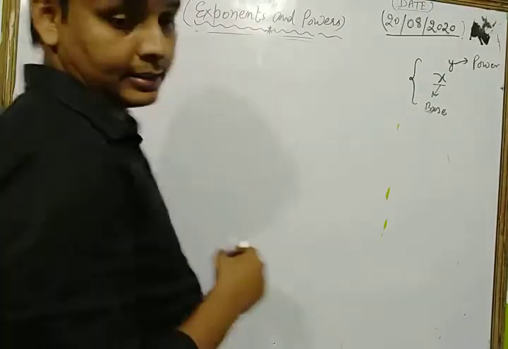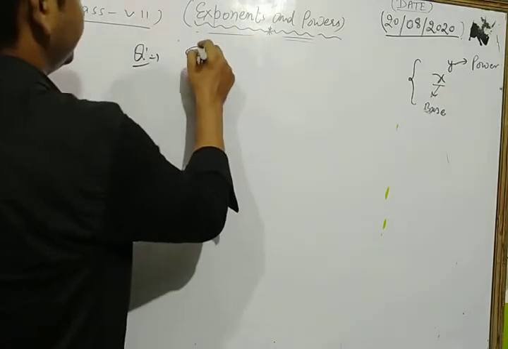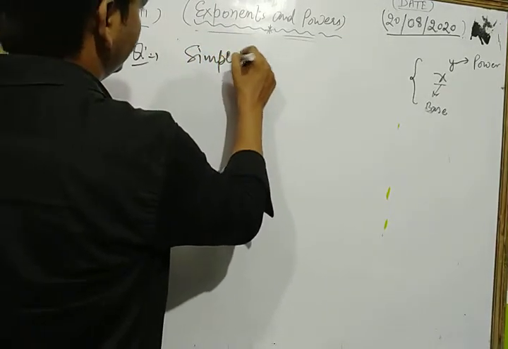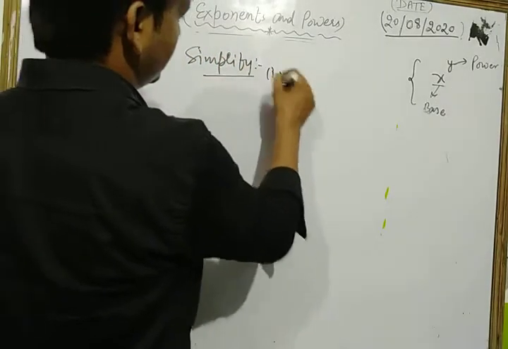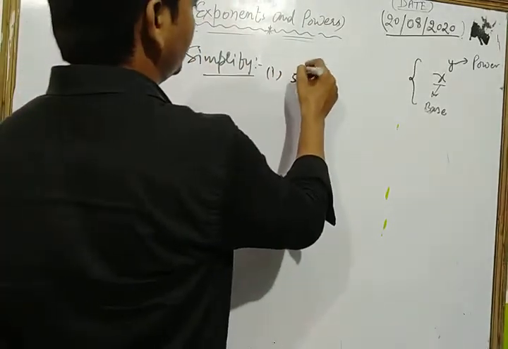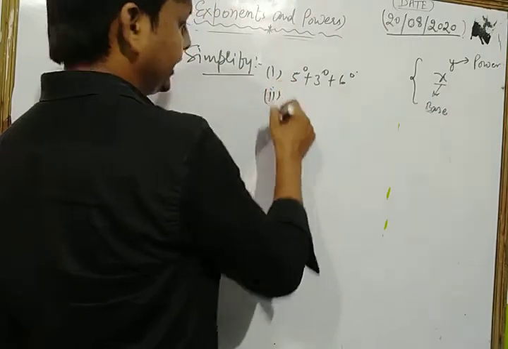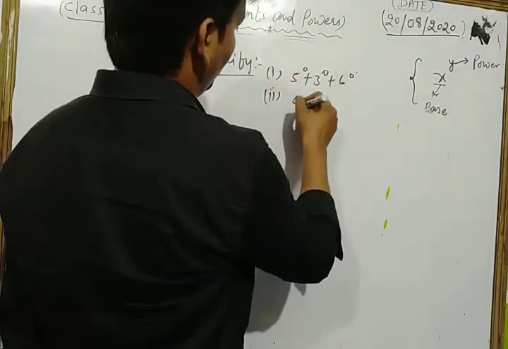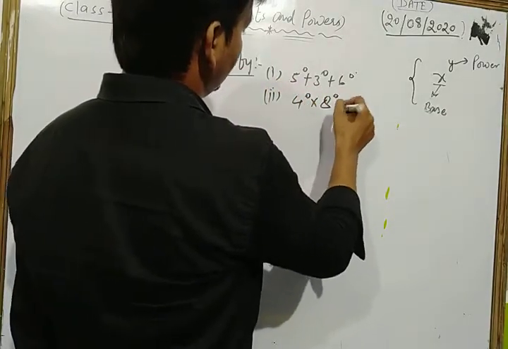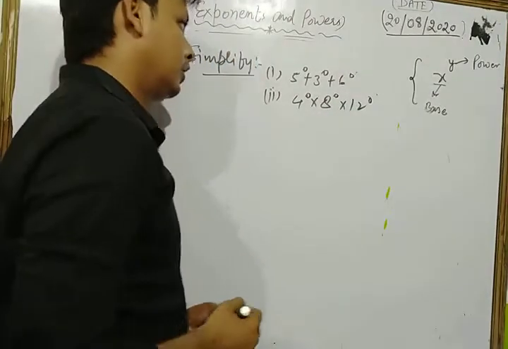Your question is, simplify: first, 5 to the power 0, 3 to the power 0, 6 to the power 0, and second, 4 to the power 0, 8 to the power 0, and 12 to the power 0.